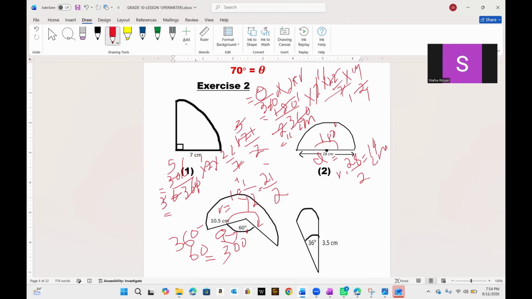And then bottom 2 times 1, 2 times 2 divided by 2, 22 divided by 2 is 11. And then what do you have remaining? 5 and 11. 5 multiplied by 11 is how much? 55 centimeter will become your answer. Okay, 55 centimeter.